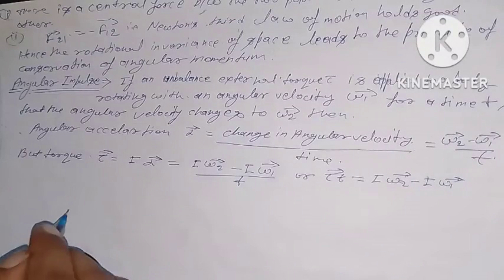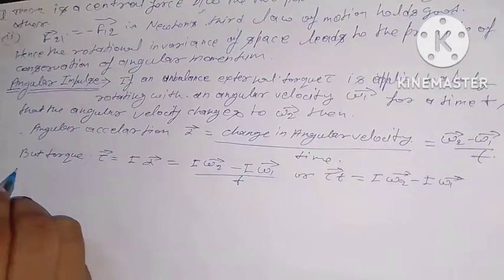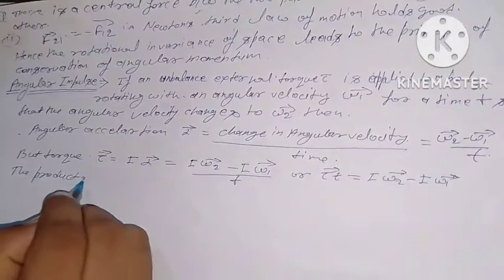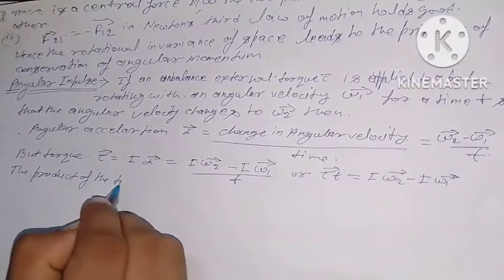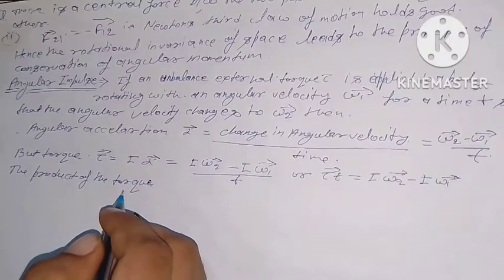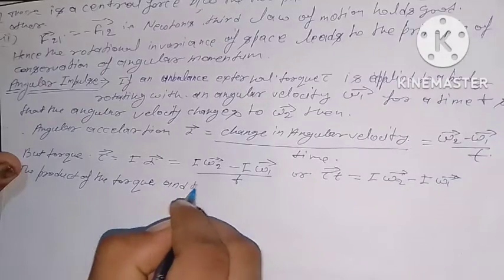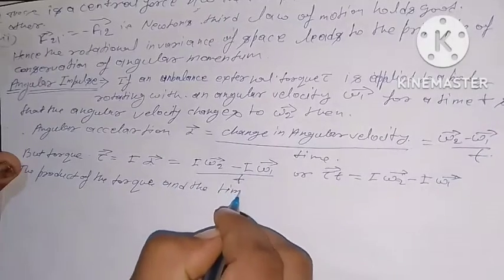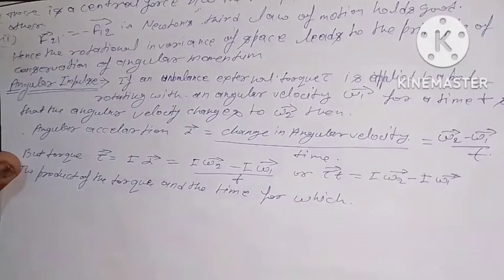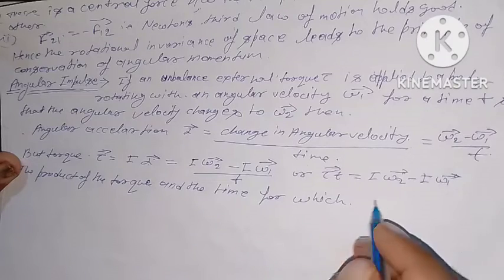The product of the torque and the time for which it acts is called angular impulse.